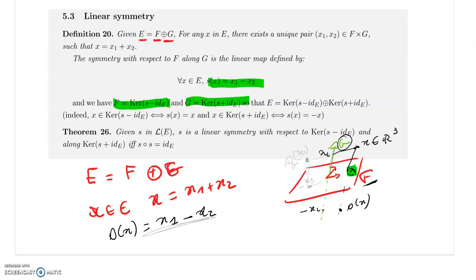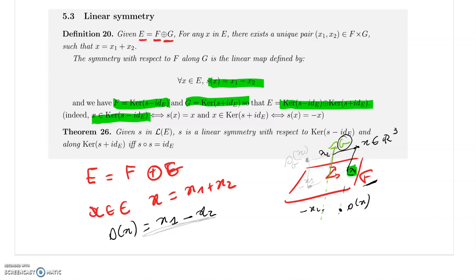And of course, the space E is going to be the direct sum of the kernel of S minus identity and the kernel of S plus identity. Okay, and you have this remark that indeed if X belongs to the kernel of S minus the identity, it means that S minus the identity of X is equal to 0, so that S of X is equal to X.